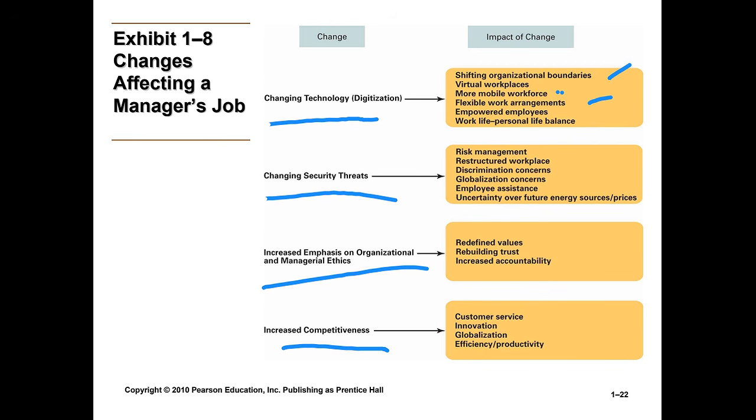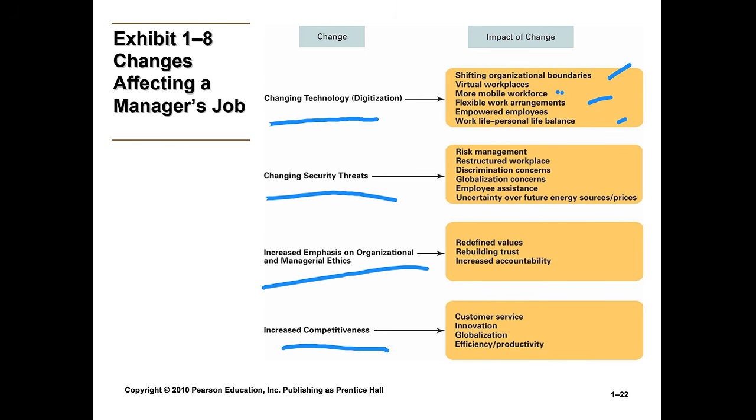And then security risk: now lots of cyber crimes are happening, so companies should be very much aware of the security threats they might be facing. They must have a restricted workplace.